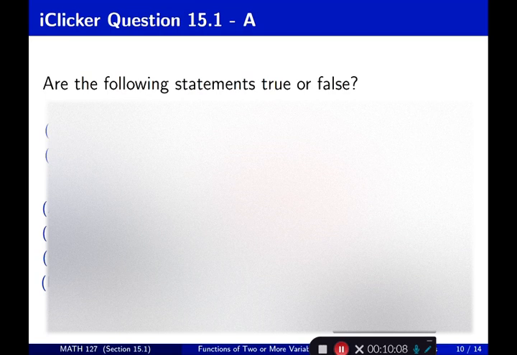Because it's a function, z equal to k1 and z equal to k2 cannot be assigned to the same x and y point, so they cannot have an intersection. So 1 is true and 2 is false, and that's C.